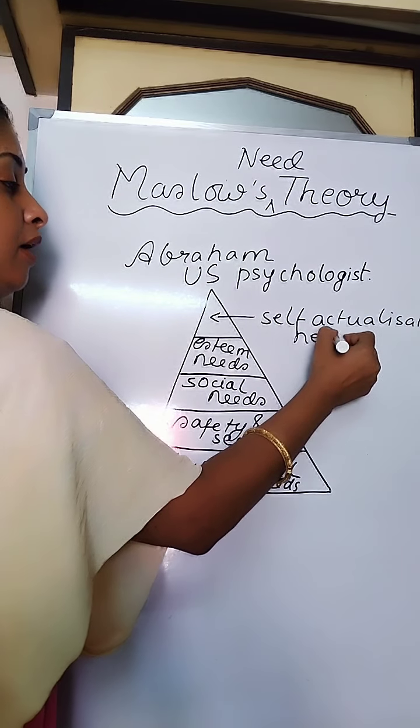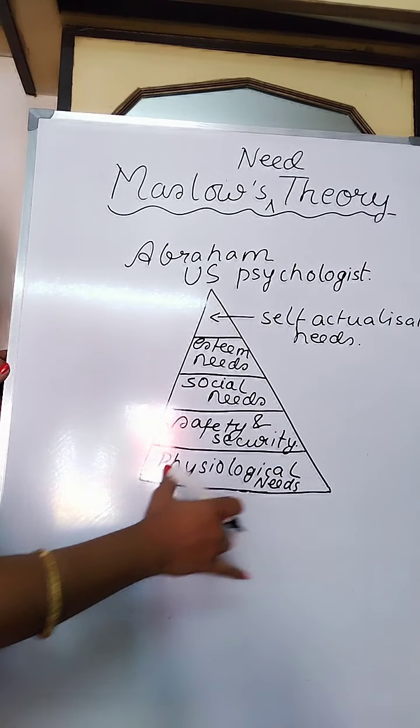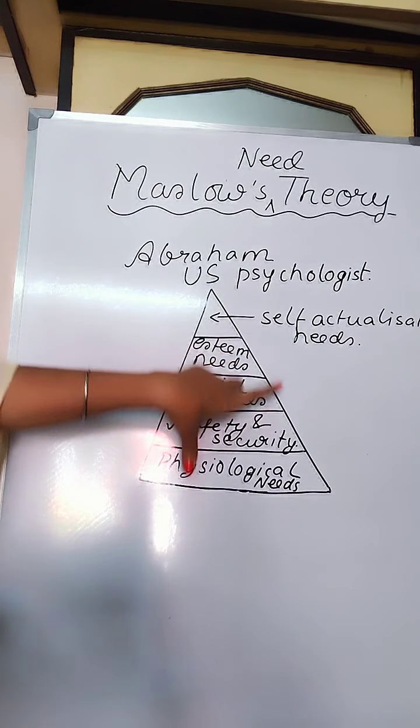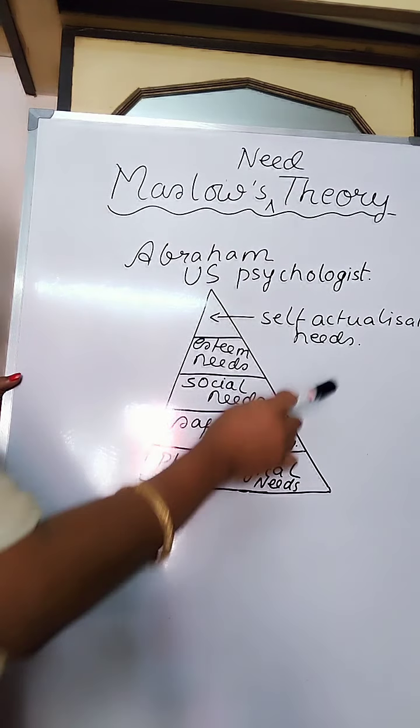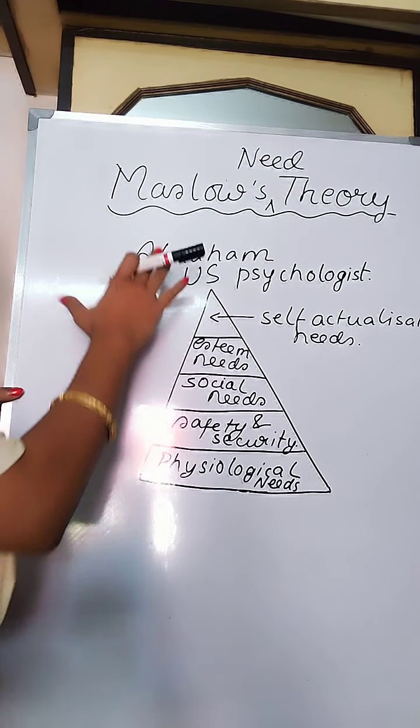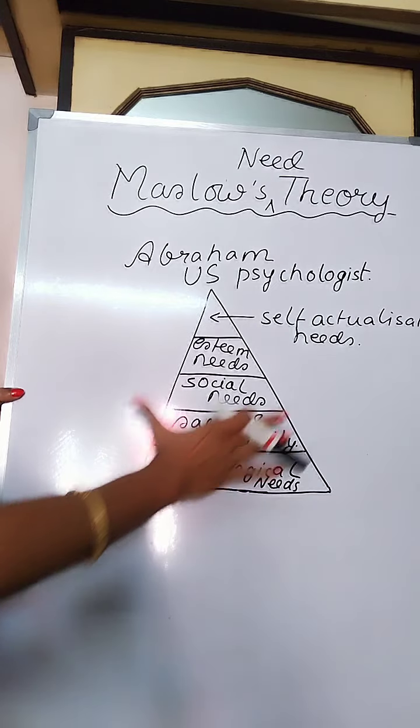So you can see how Maslow has categorized the different needs of humans in a hierarchy. He is an eminent US psychologist who has presented a theory which is called need theory.